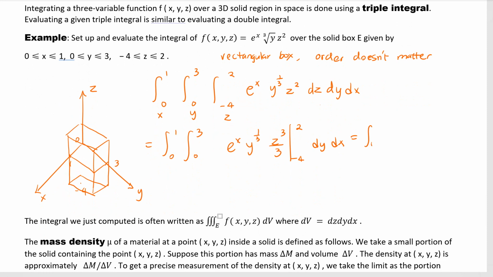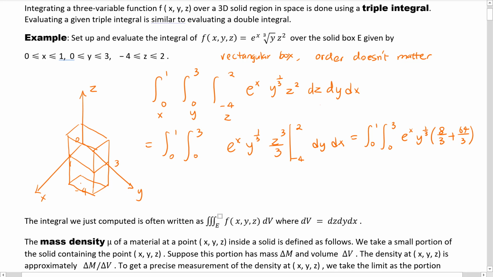So this is 0 to 3. We have e to the x, y to the 1/3. We plug in 2 first. 2 cubed is 8, so 8 over 3 minus. We plug in -4. Well, negative can become plus. 4 cubed is 64 over 3.